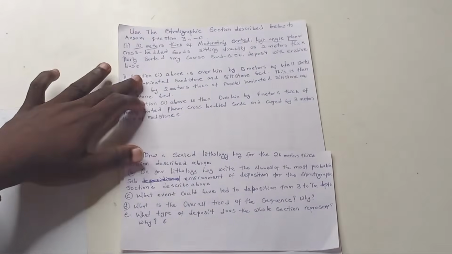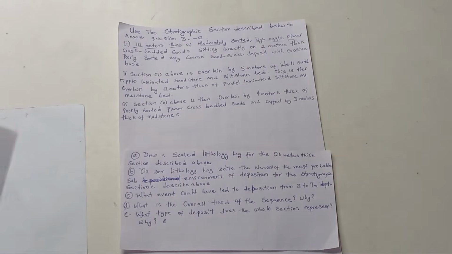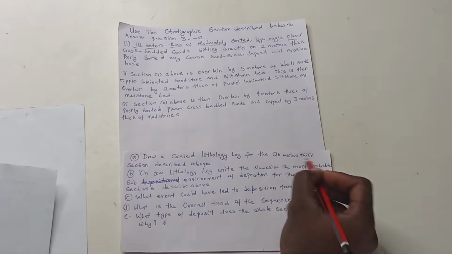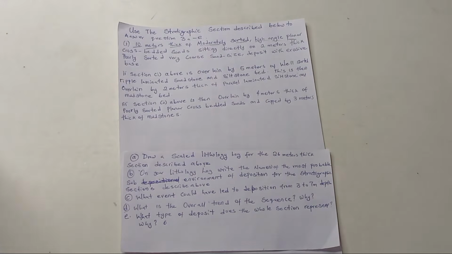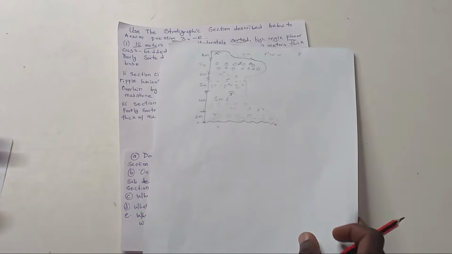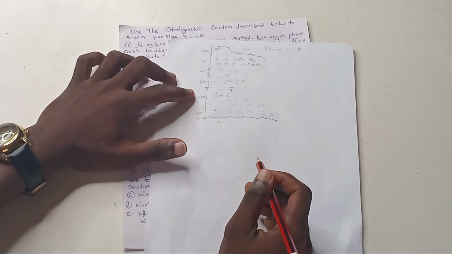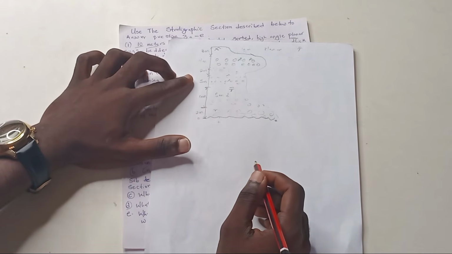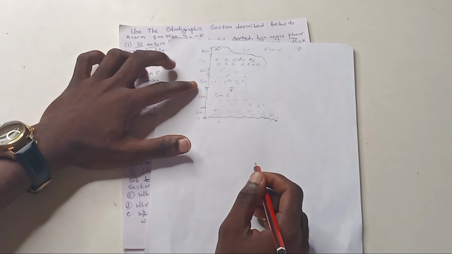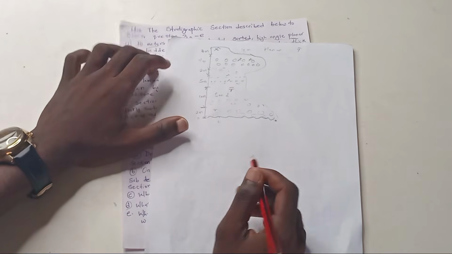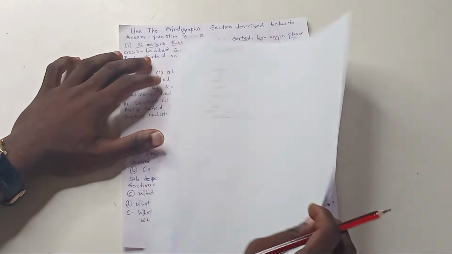It's just a scale, because they told us that we should draw a scaled lithology log. Now they say for the 26 meters thick section described above, all of these lengths: 2 plus 10 is 12, 12 plus 5 is 17, so 17 plus the rest will give us 26.